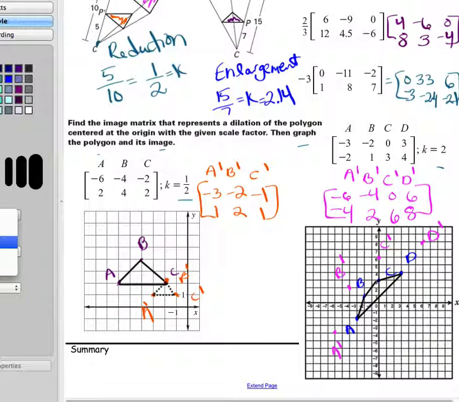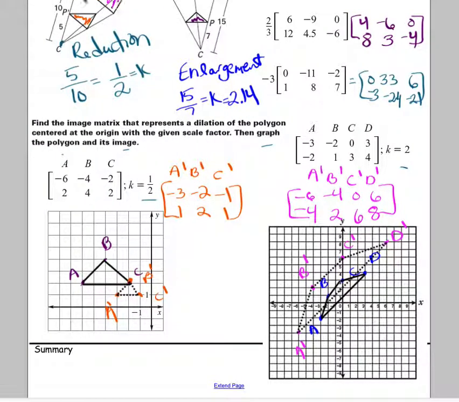So the new one is there, and it's double the size of the original, and each point is twice as far from the origin as it used to be. And that's how you do dilations.